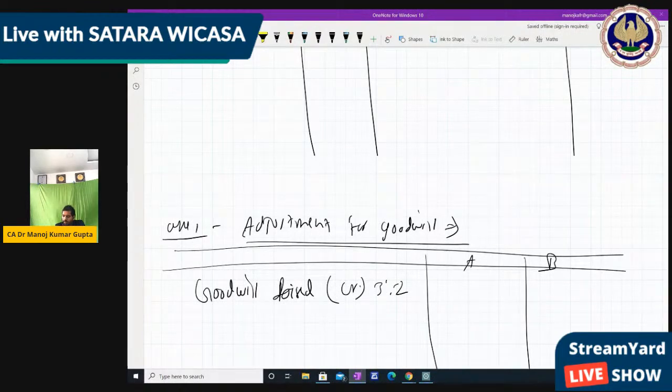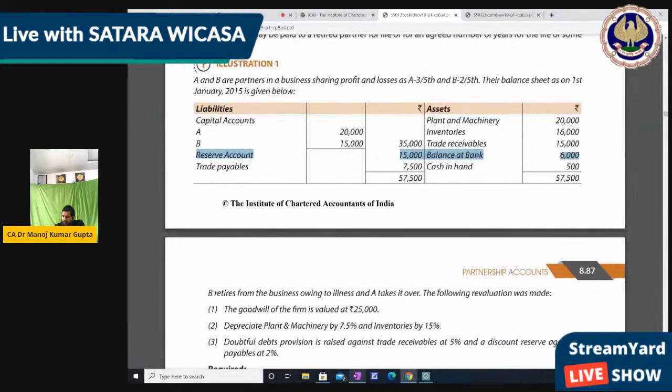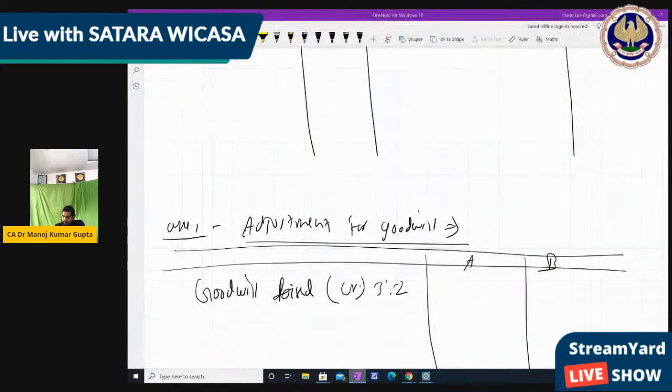How much goodwill? Goodwill is 25,000. So 25,000 will be distributed in this 3:2, divided by 5, into 3, 15,000, and into 2, 10,000, right?